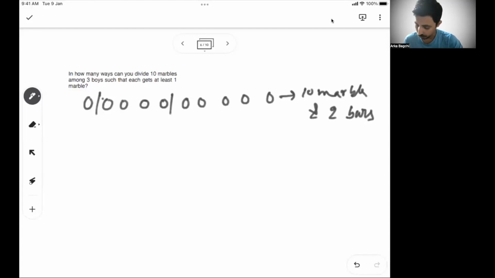So it is also the same way of writing A plus B plus C equal to 10, where each of them get at least 1 marble.